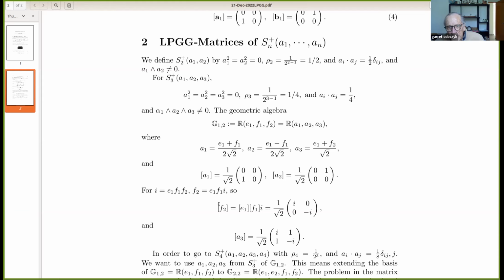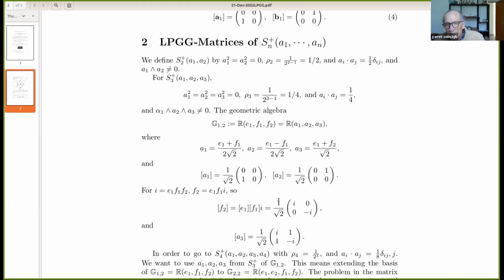That's what I've done by putting brackets around it. Again, this is a valid representation, so I can just multiply the matrix of E1 times the matrix of F1 times I.